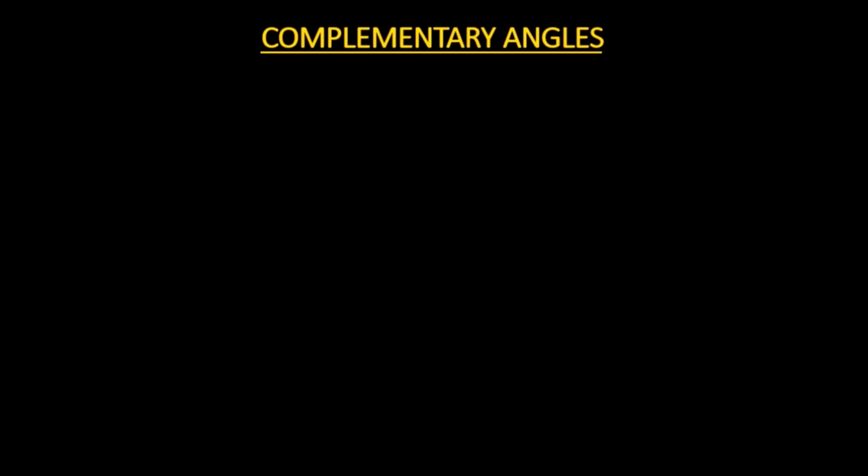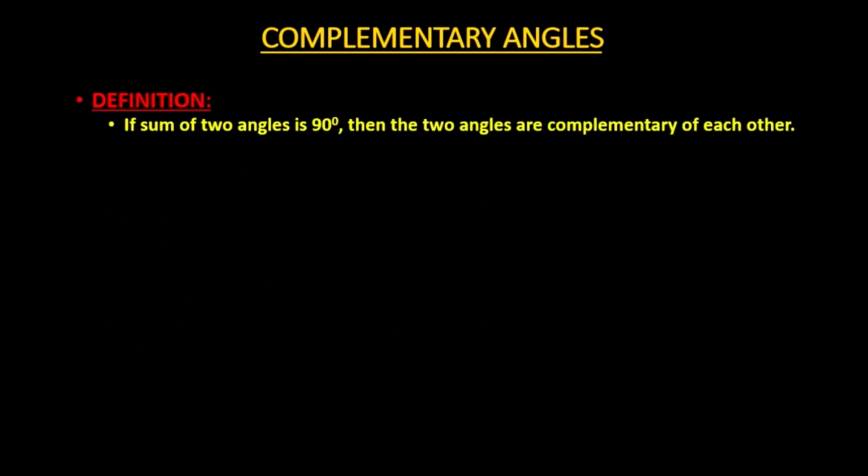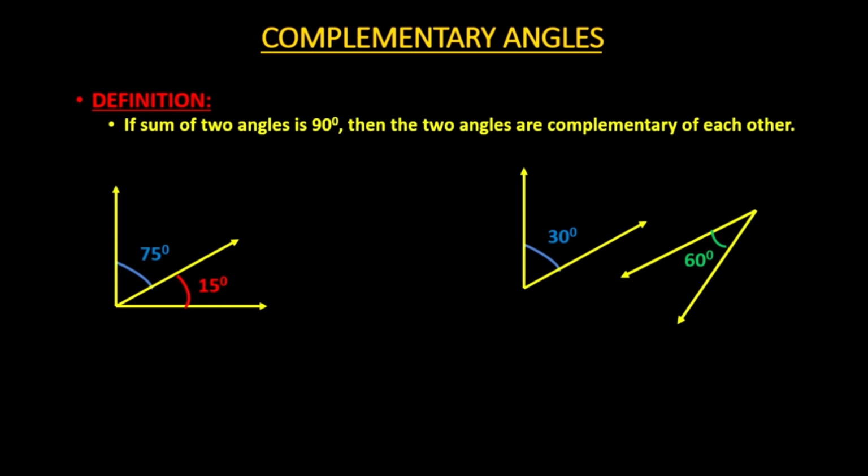Complementary angles. If the sum of two angles is 90 degrees, then the two angles are complementary to each other. We have two cases here. Case 1, in the first diagram, angle 75 degrees and angle 15 degrees both add up to 90 degrees. Here, both of them share a common vertex and common side.